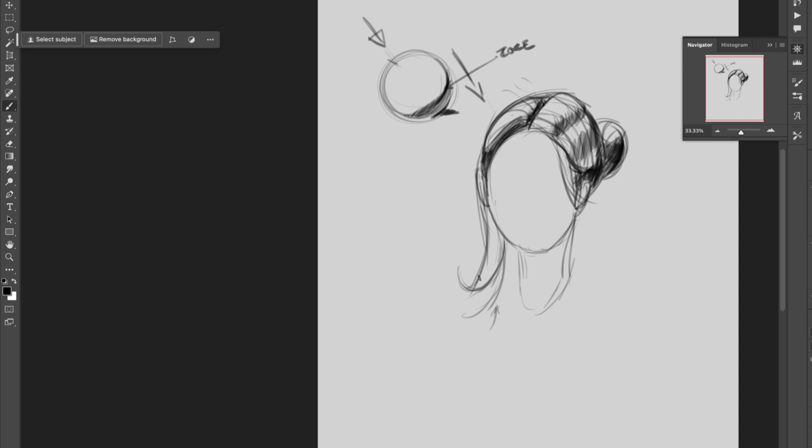But the main part is this tape-like, tube-like form that I have here, and the same rules apply, right? If the light is coming down here like that, that means this is going to be in kind of shadow, and this is also going to be furthest away from the light because the light's coming down here like that. Okay, so that might be a little bit helpful for you guys.